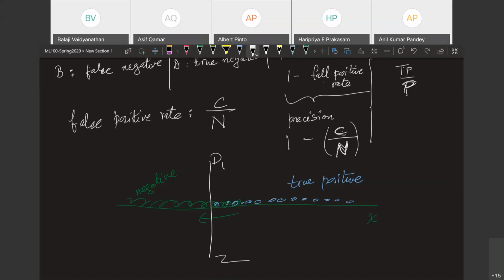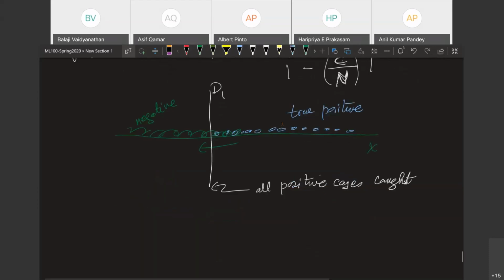So positive cases caught. On the other hand, the demerit of this is a lot of false positives.